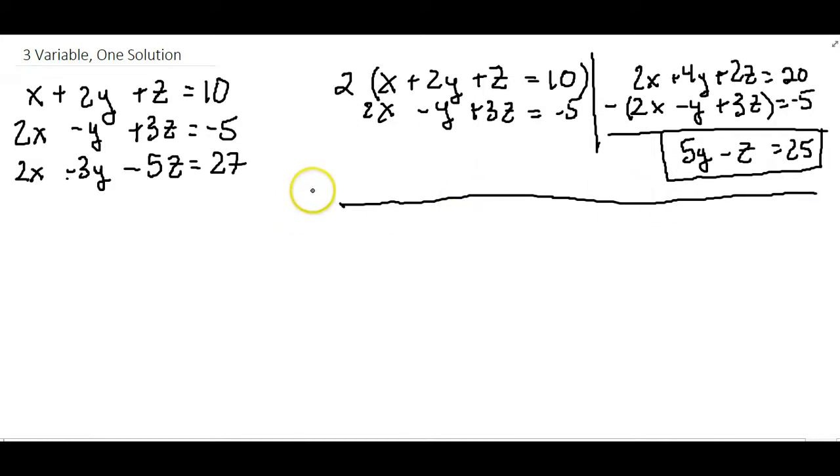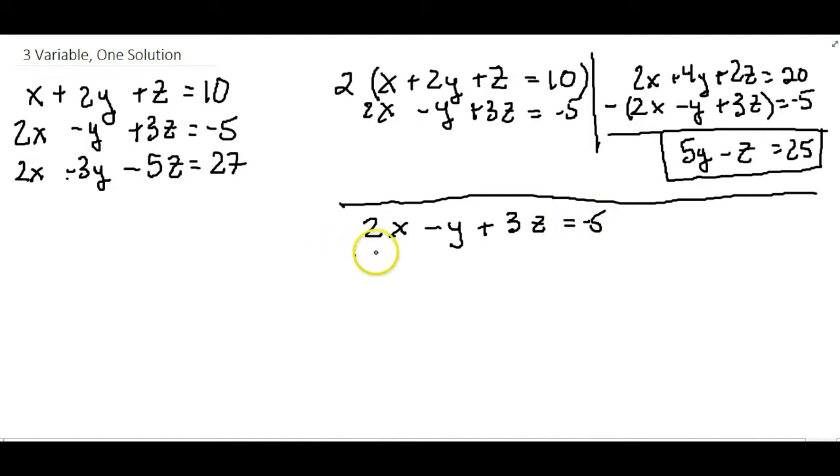So I'm actually going to take the second and third equations and eliminate our x again. The second equation is 2x minus y plus 3z equals negative 5.